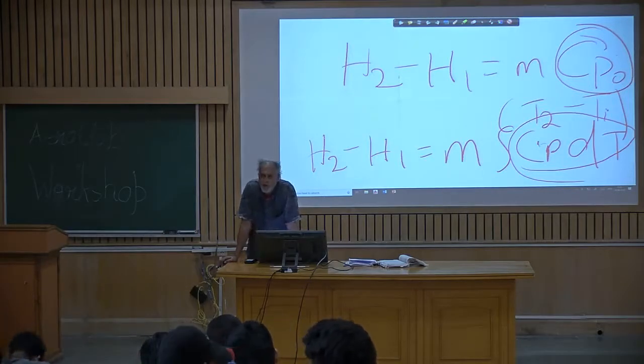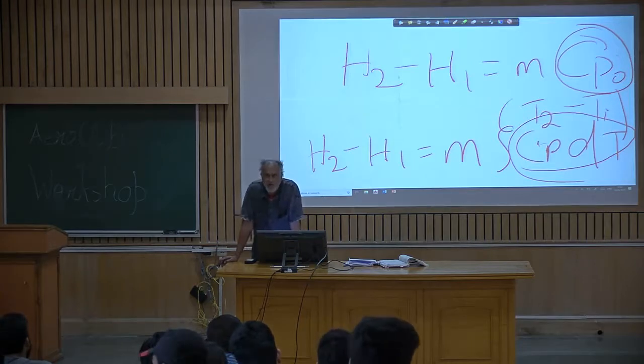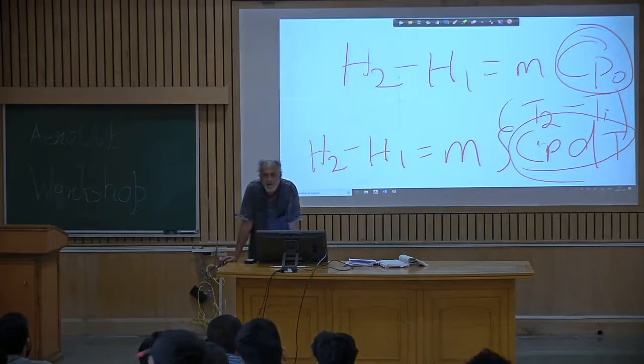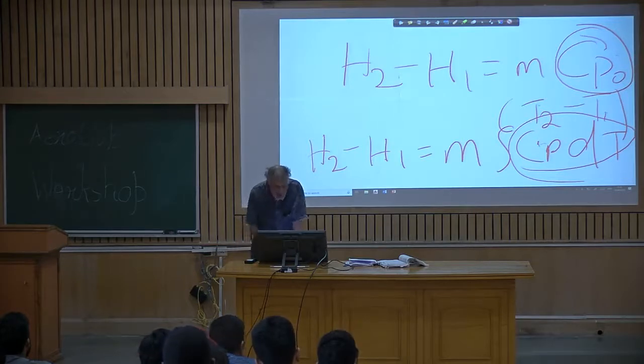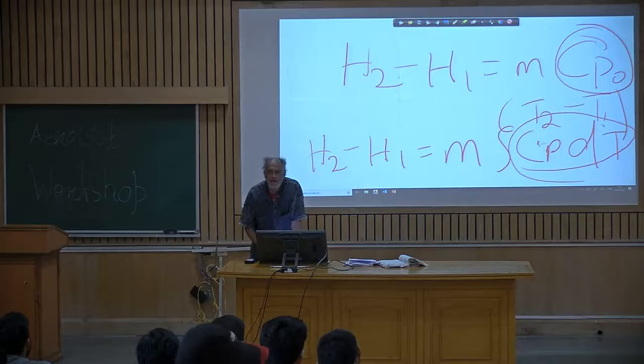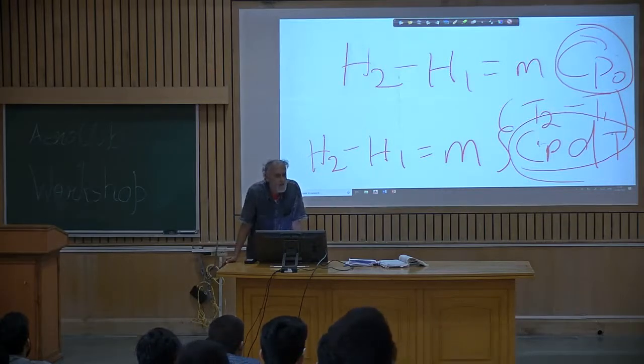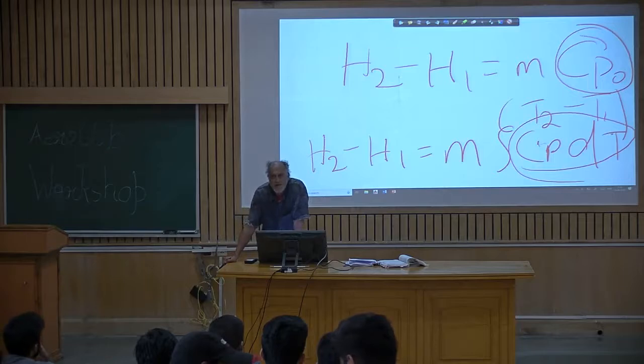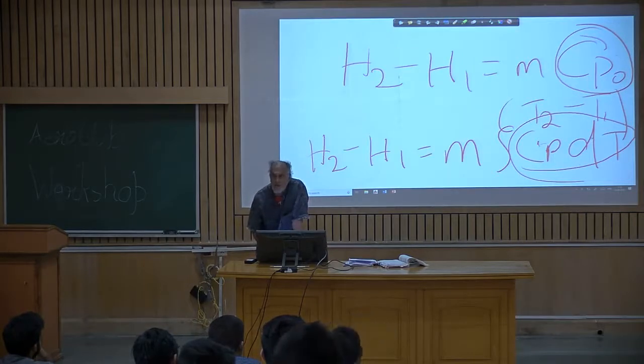Why use a model? Why say constant Cp? Why do all that? Can you somehow get this entire integral in terms of enthalpy? You can, but then what would I need? This entire integral I can measure.